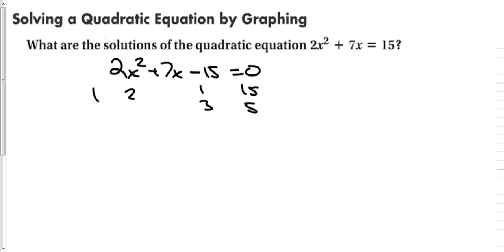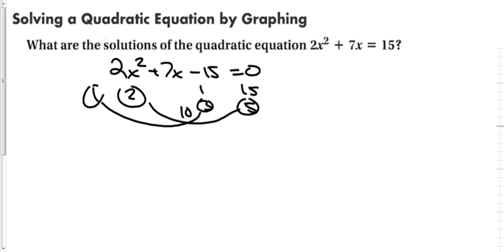So we have 2 times 5 is 10, 1 times 3 is 3, and I want a positive 7, so that has to be a negative 3. As I build my factors, I have x and 2x, because my first terms have to multiply together to give me 2x squared.